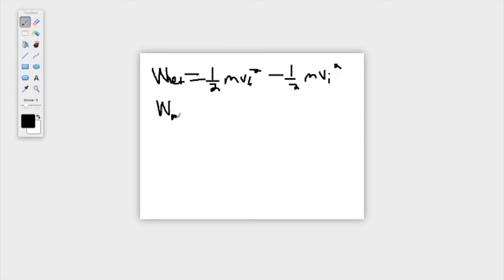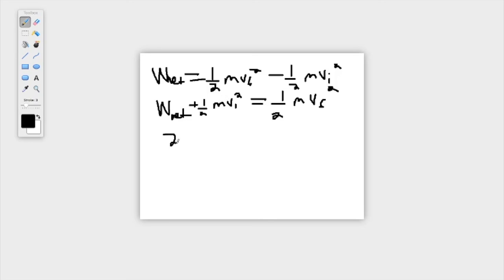So we get W net plus 1/2 mvi squared equals 1/2 mvf squared. We're trying to find vf, the final speed. So now we multiply by 2 on both sides.